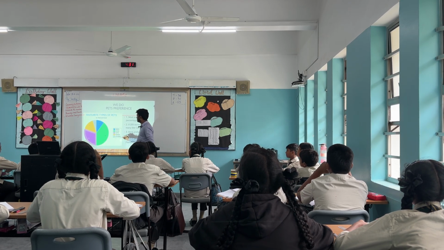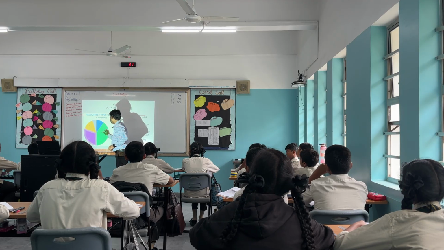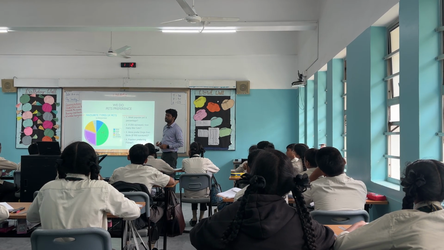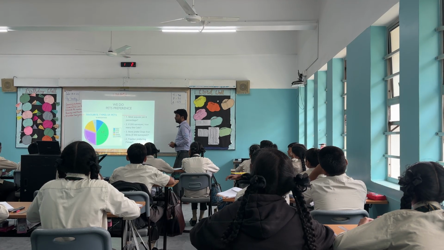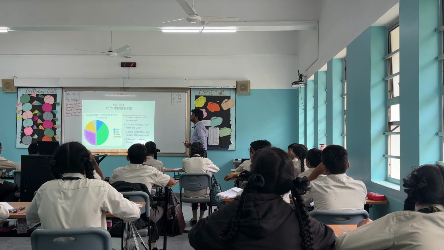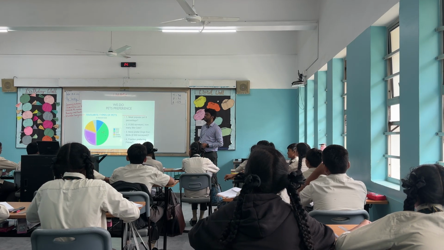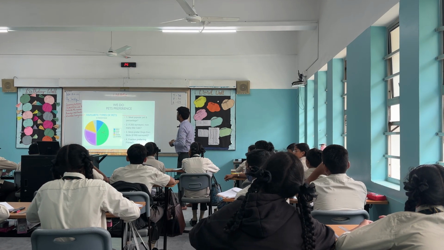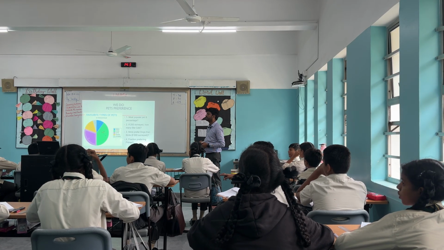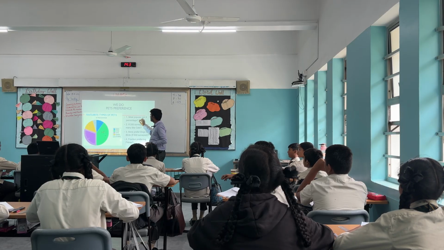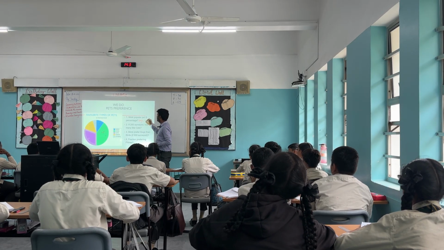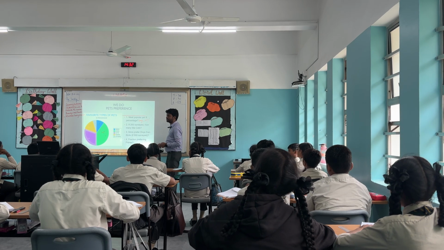Dogs are taking 40 percent, cats are taking 30 percent, birds are taking 10 percent. Most popular pet and its percentage. Dogs are the most popular pet, and the percentage is 40 percent.